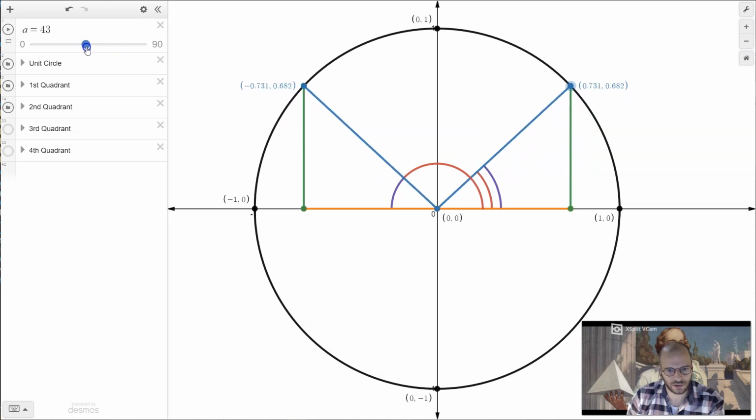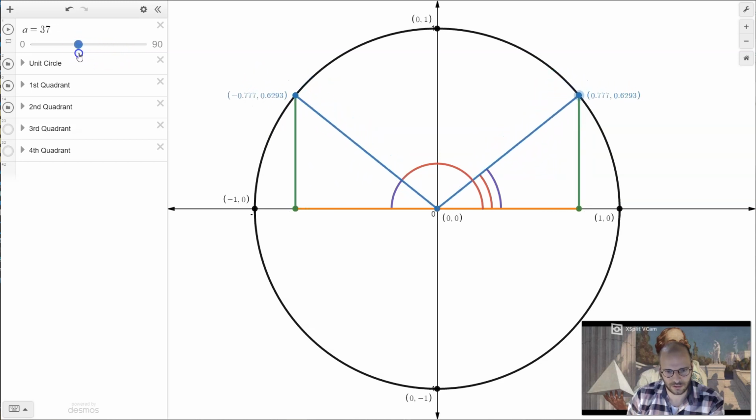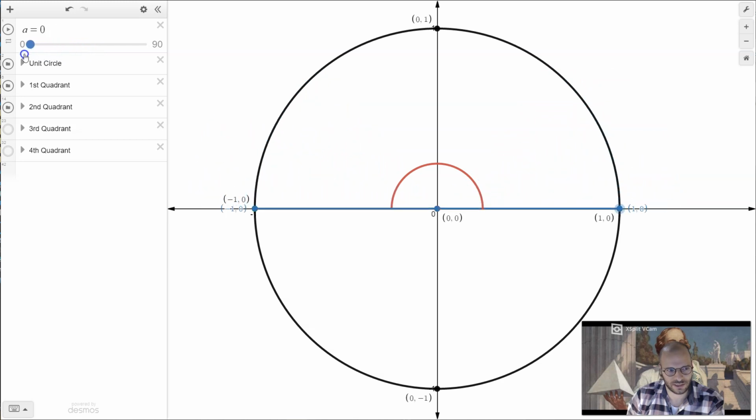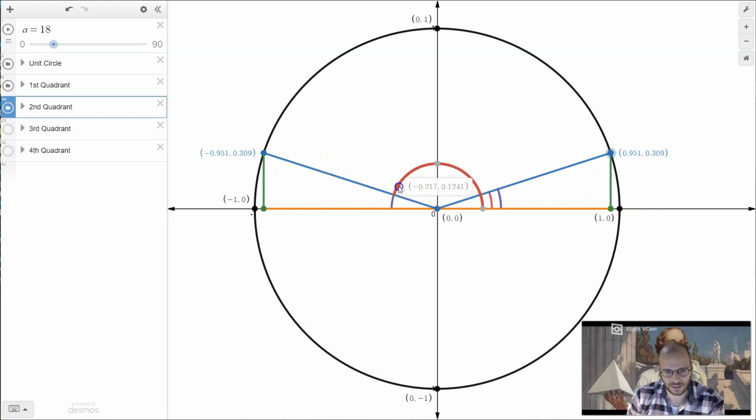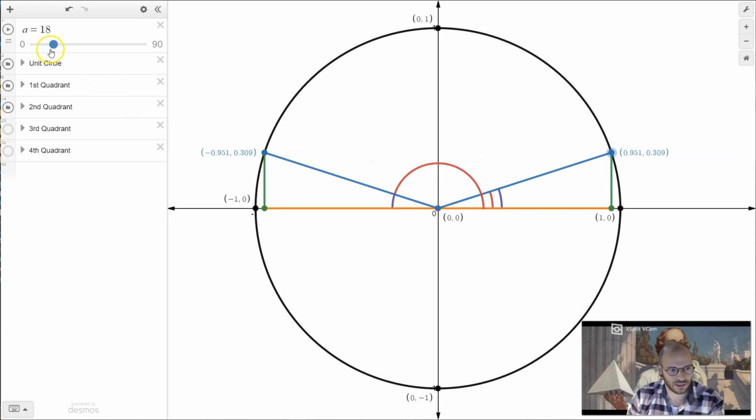The first thing you're going to notice is that as I increase the value of theta, the triangle on the left here is starting to grow. But more interestingly, the value of theta that defines the triangle in the second quadrant is decreasing as the value of theta in this first quadrant is increasing.